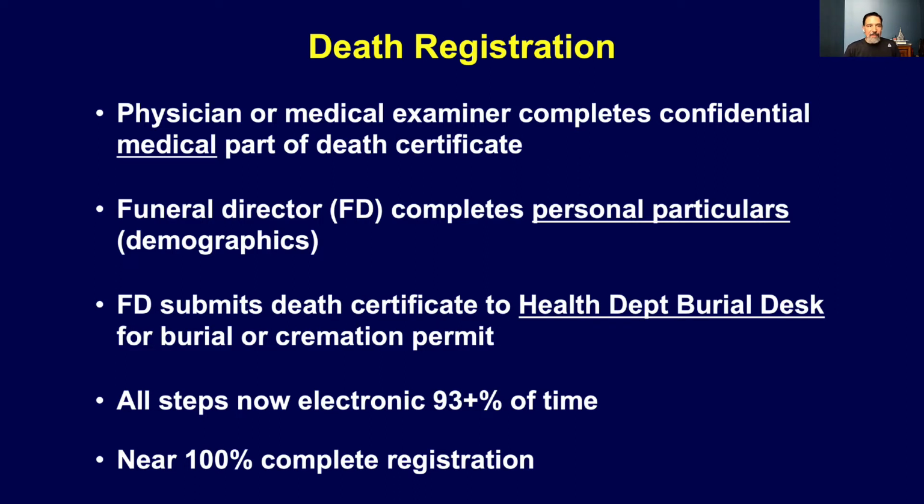And then a funeral director completes the part of the death certificate called the personal particulars, or the demographics part. And then the funeral director submits the complete certificate to the burial desk at the health department. And this is required to be reported within 24 hours.